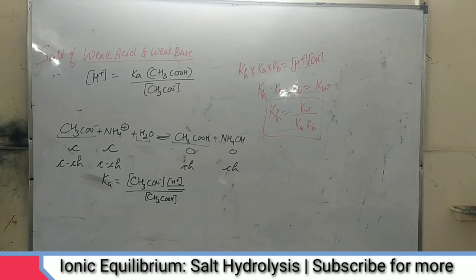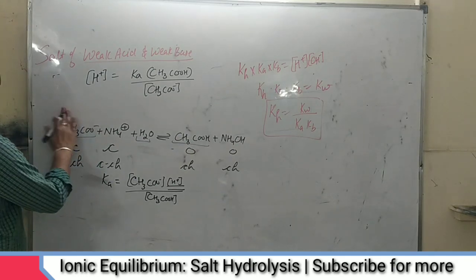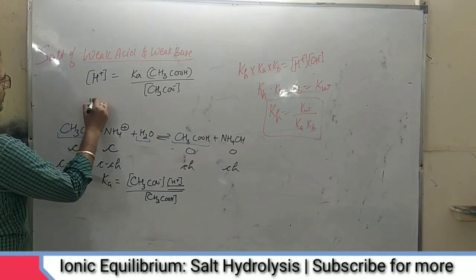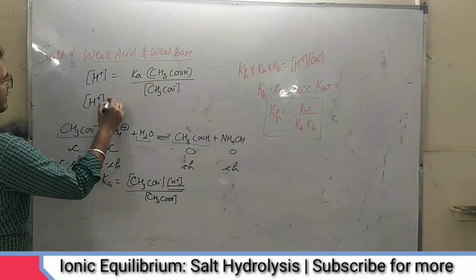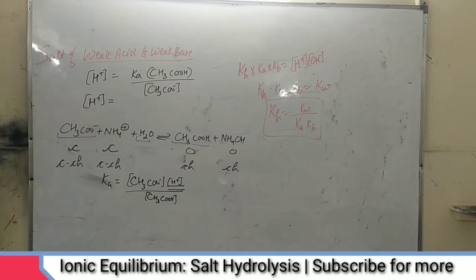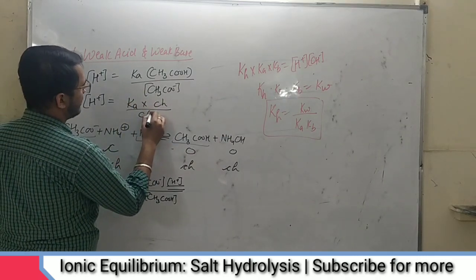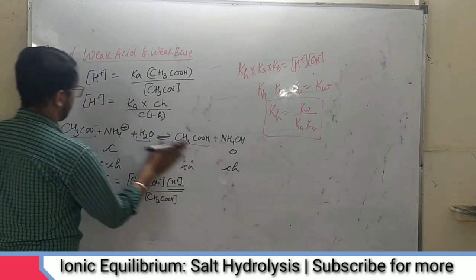Right? Now, we know the relations of Ka, and we also know the values of CH3COO negative and CH3COOH. So putting the relations there, we can say that H positive is equal to Ka into Ch over C into 1 minus h.